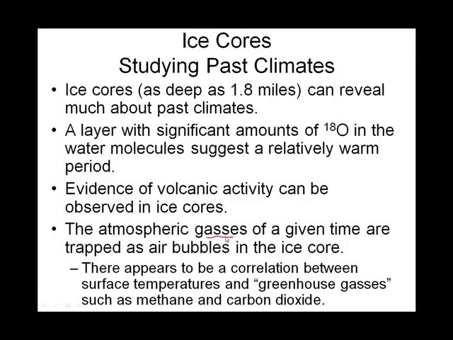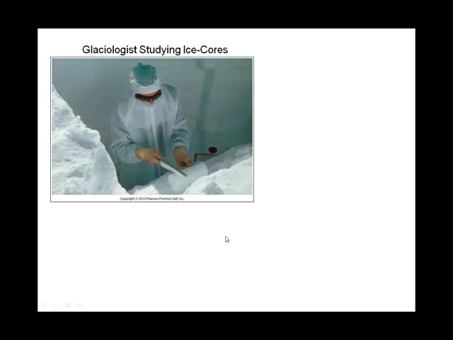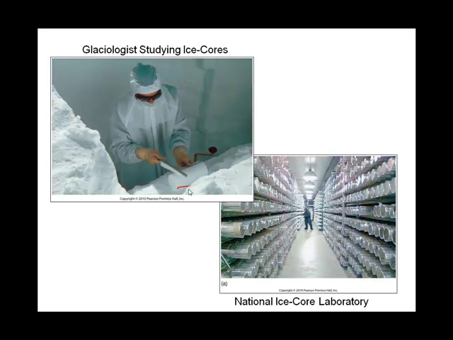Isn't that cool? So here is a guy working on a portion. I don't know if you can see this, but there's a cylinder here that he is cutting up. These are all ice core samples. Pretty cool.